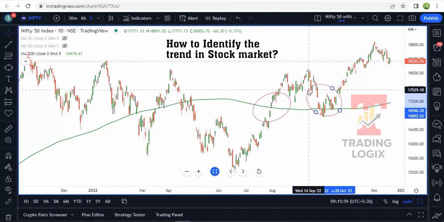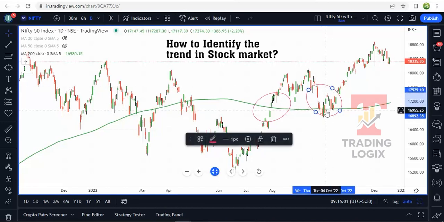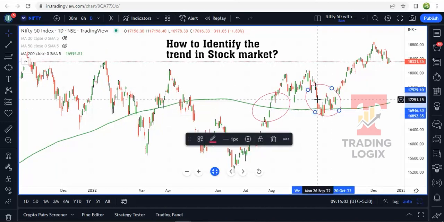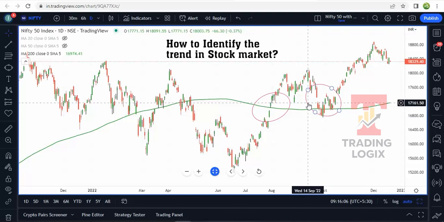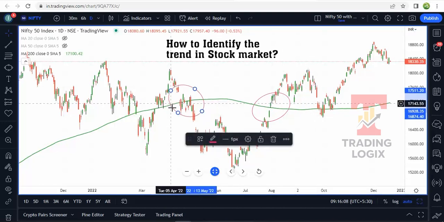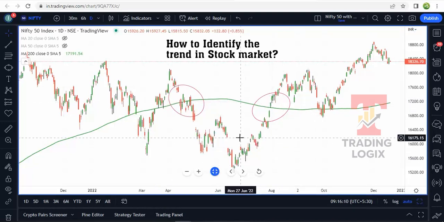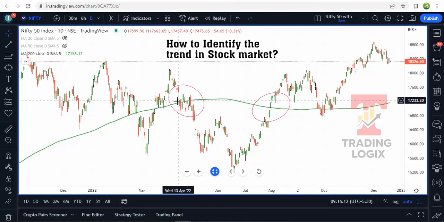In the same way, if the price closes below the 200 period moving average, I try to trim my long-term positions or long-term trading portfolio, or even in the investment portfolio, I may take some profits out and trim the portfolio.